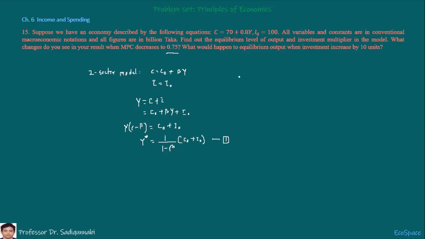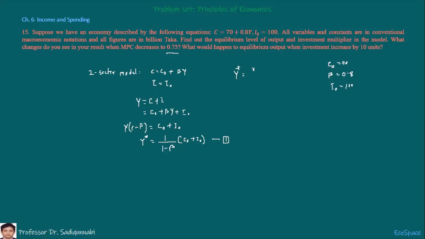Okay. So here, from this model, we can find the equilibrium income y star. We need to figure out first what our known figures are. C naught is 70. Beta, that means MPC, is 0.8, and I naught is 100.